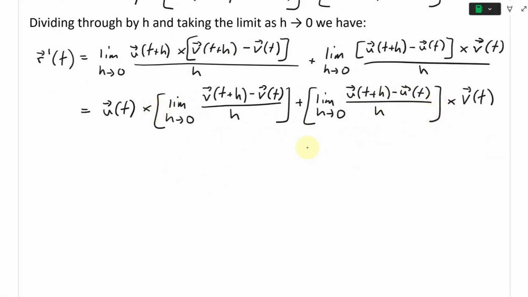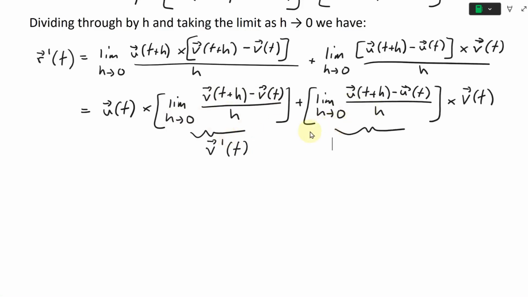And now this one here is just the definition of derivative for a vector function. This is just v prime of t, the vector function. So again, this is just the limit as h approaches 0 of v of t plus h minus v of t, and then divided by h. And this one is the same thing for the u.